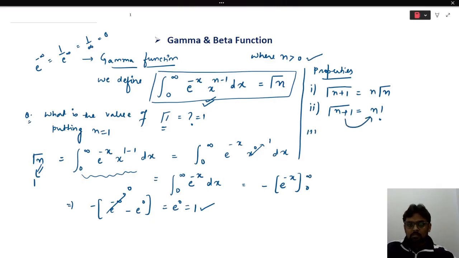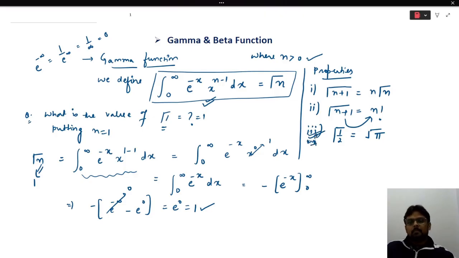The third property is the value of gamma 1 by 2 is root pi. This is very important, and we use this property of gamma very frequently.